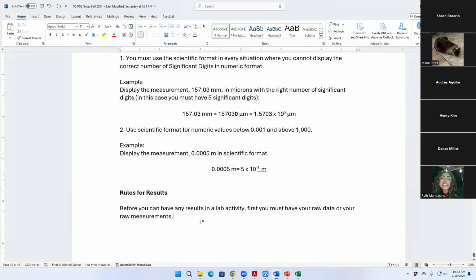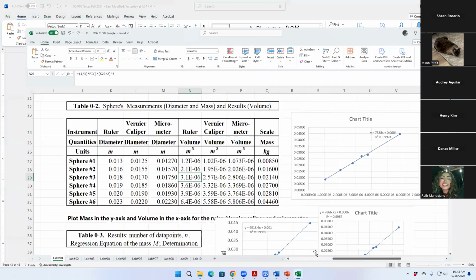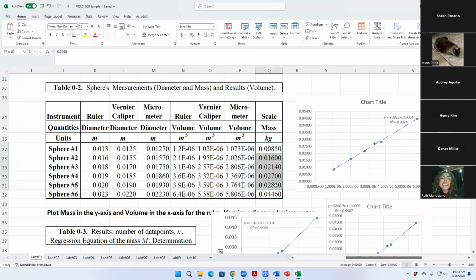In the case of lab 1, the raw data are the diameters of the spheres and their respective masses, right? Did I display the mass with the proper, here you go, here are the mass, all the way down to the 5th decimal place, right? Because it's being displayed in kilogram.